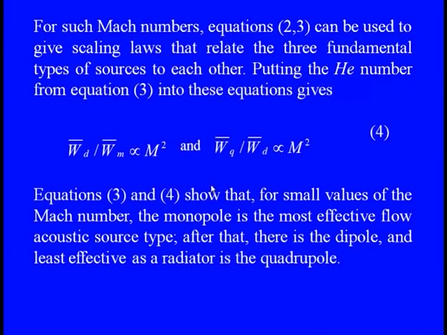After that, the dipole and quadrupole have less effect in the radiation feature and propagation of the sound. So when we are treating the system in subsonic flow, we need to take care whether the system is like a monopole, then it has maximum impact as a flow acoustic source. This is one of the conclusions of this light wheel theory with the He number, how the things are there.